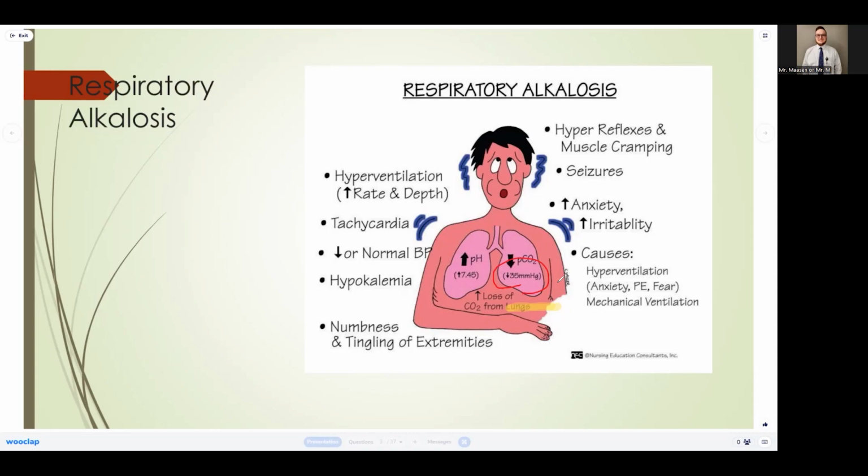Respiratory alkalosis is more rare, but this is like hyperventilation, really increased rate, high heart rate, hyperreflexes, anxiety, irritability. So what's causing this? Hyperventilation during anxiety attacks and fear, basically.